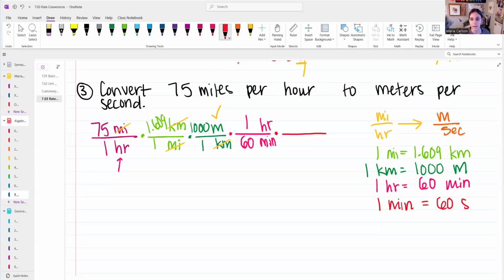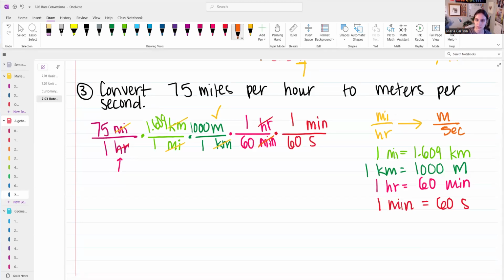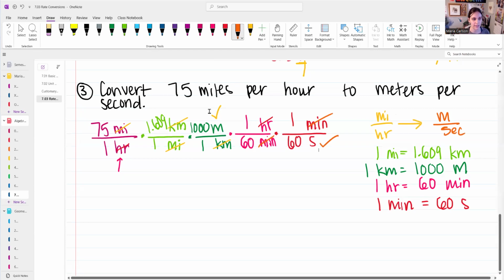And then multiplying one last time, since the hours now have canceled, I can convert minutes into seconds. Minutes will need to go on top though, so that way it will cancel with the one already in the bottom. And converting minutes to seconds, 1 minute is 60 seconds. So now the minutes are going to cancel in the bottom and the top. And our unit of time here is seconds, like we would like.